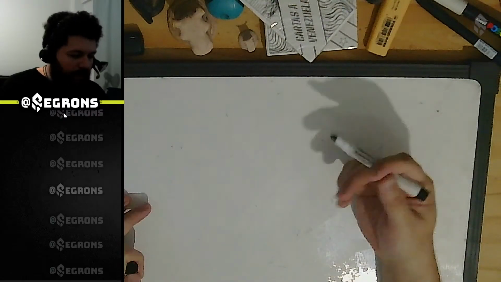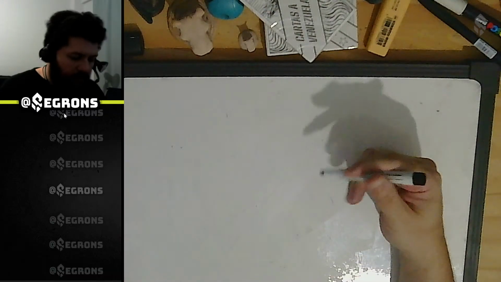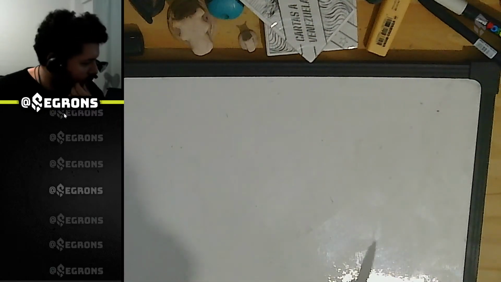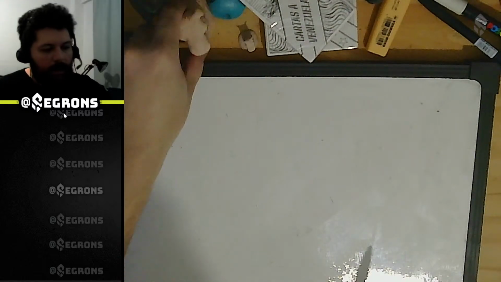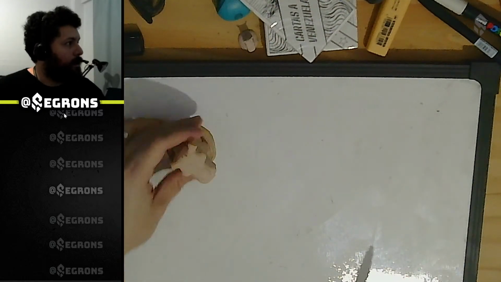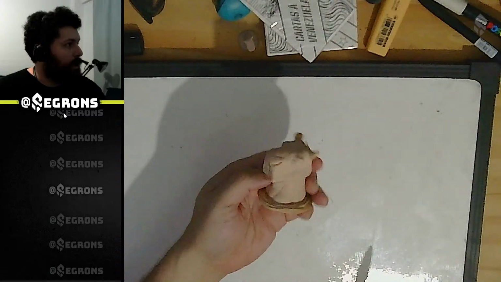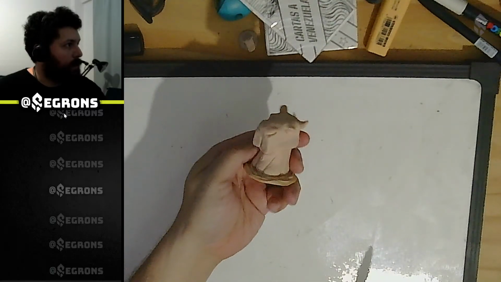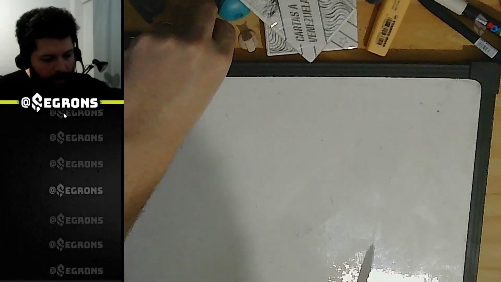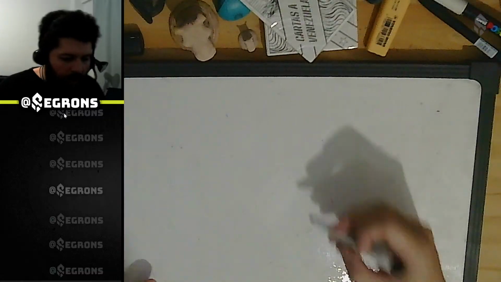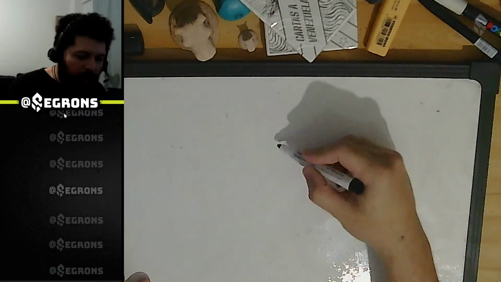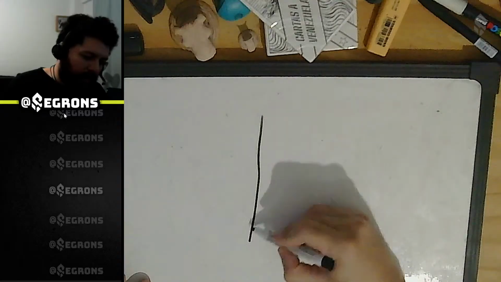So what I wanted to talk about is that to draw anything, let's say I'm going to draw my capybara, my chigüire character that I made into a sculpture, right? If I want to draw it in a really technical way, I can start with a box.